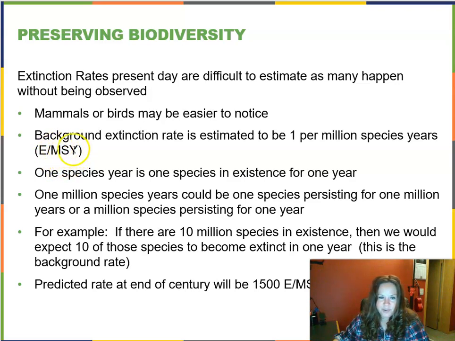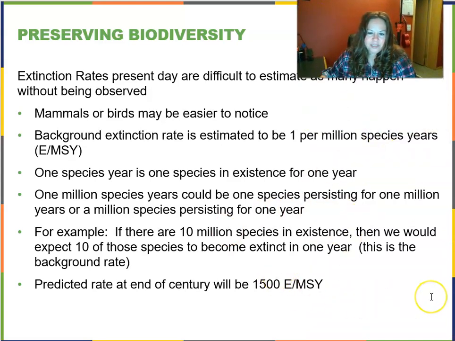That's what that stands for. So 1 species year is 1 species in existence for 1 year. 1 million species years could be 1 species persisting for 1 million years, or 1 million species persisting for 1 year.